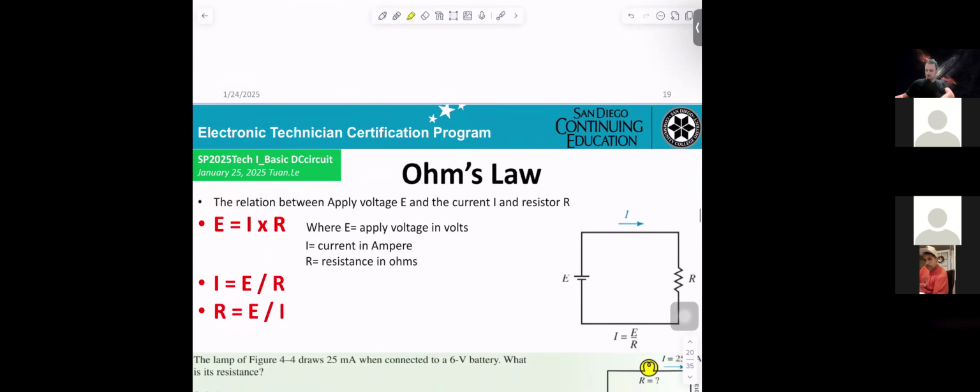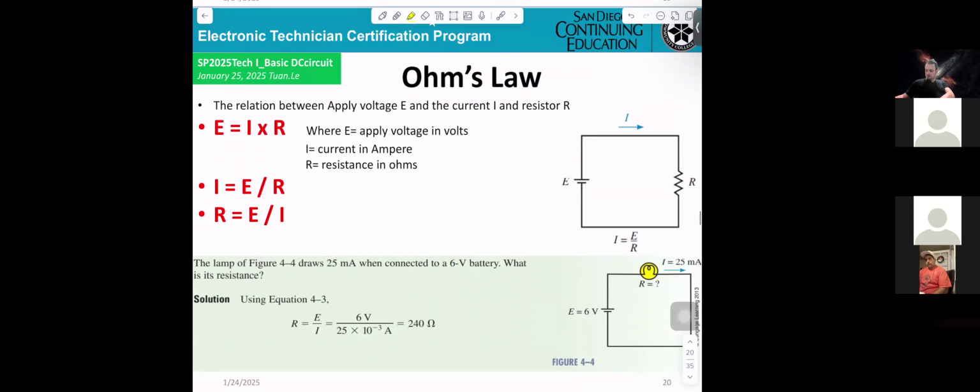Conductance is the opposite, meaning good conductance is a good path for the current flowing. An example: determine the conductance of the following resistor, 5 ohm. You use 1/5, and the unit will be S, Siemens.